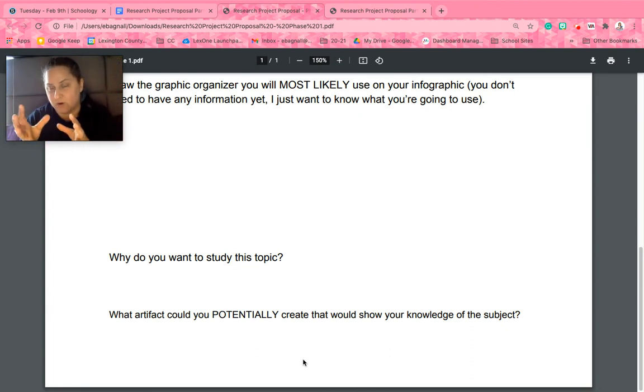If you've ever been to Walt Disney World, you know what that is. It's like this weird silver globe that has all these little spikes in it. So I could create one of those, something like that. It has to be a physical, tangible item that you create. Last year, I had a student that studied the bubonic plague and created a doctor's mask, a plague mask, so kind of that duckbill looking thing.